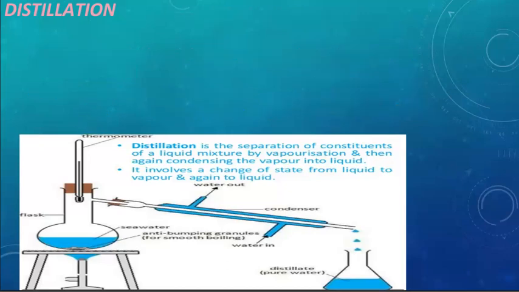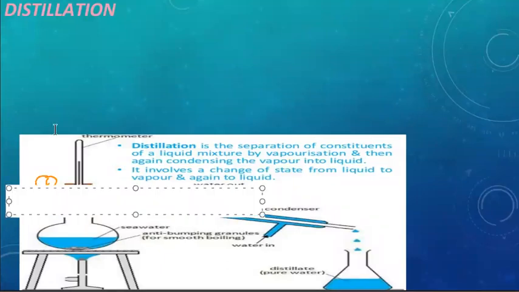But before we move on to the method, let's have a look at the setup of the distillation. When we look at the setup, we see three basic components. Number one, we have a distillation flask.